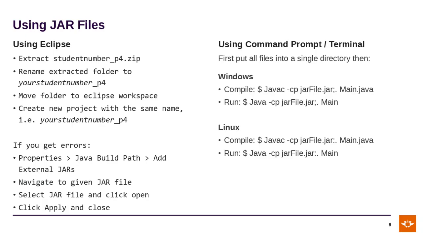All right, for Windows, you're going to have to compile it by saying javac, that's your Java compiler, then including the class path, that jar file. You can include several jar files separated by a semicolon, and then you have to say where your bin folder is. So put everything in a single directory and simply put a period there to indicate that this is where my other source files are, and this is the file that contains my main class.